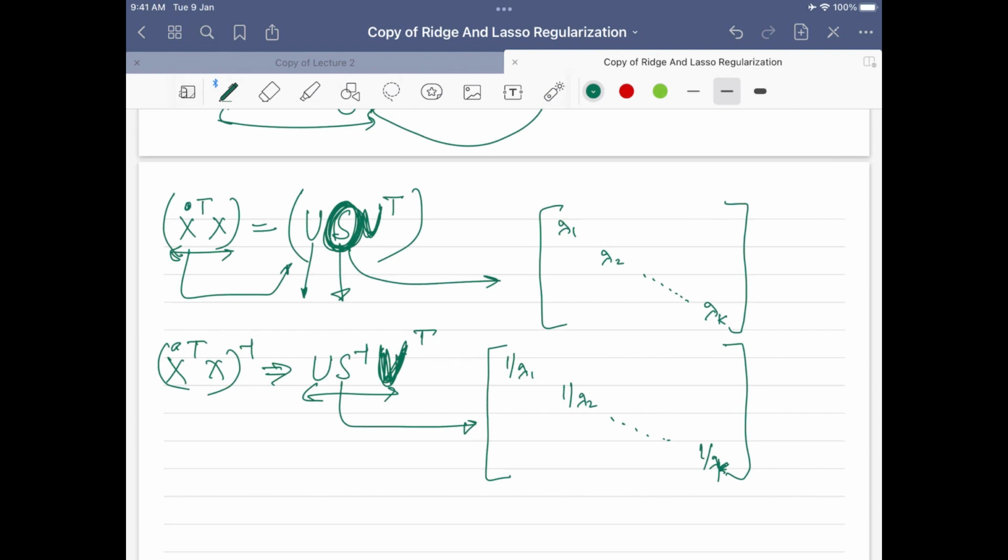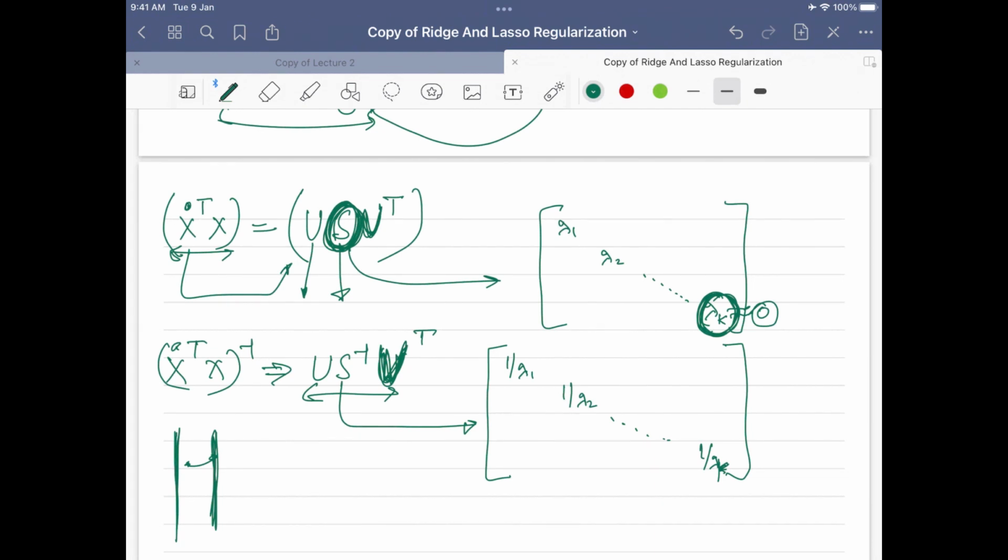If the features are correlated, that means some of the columns can be expressed as a linear combination of the other columns. Because of that, some of the eigenvalues will actually be 0, because of the correlation among the columns of the matrix.